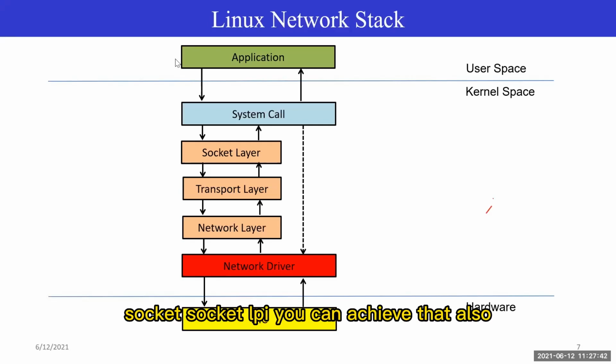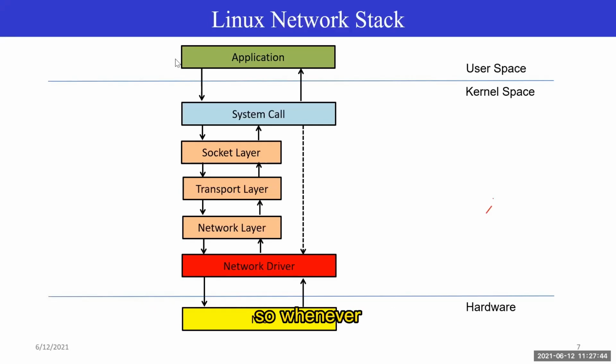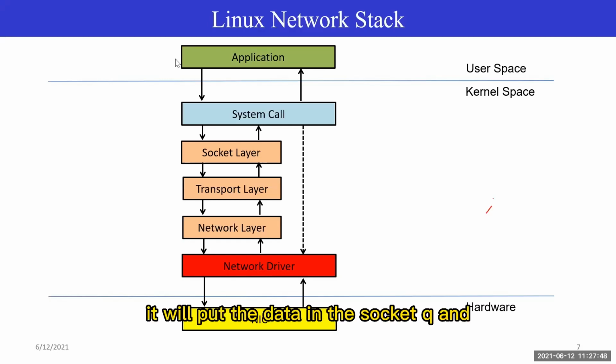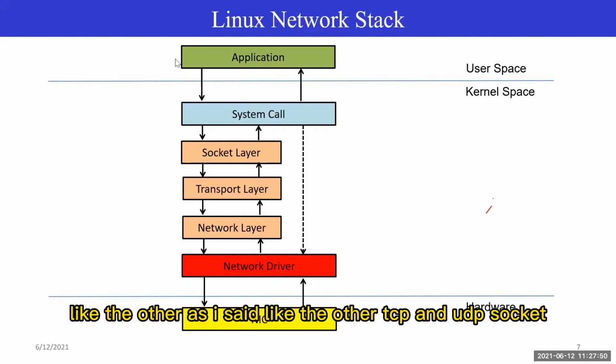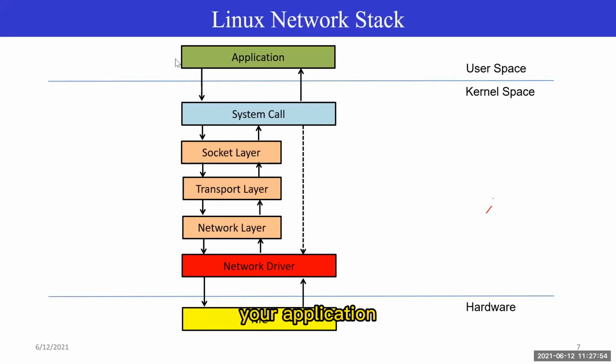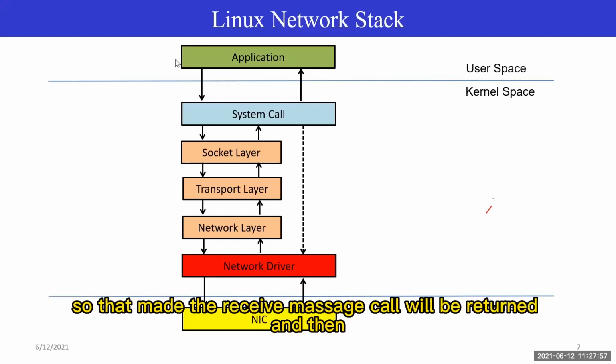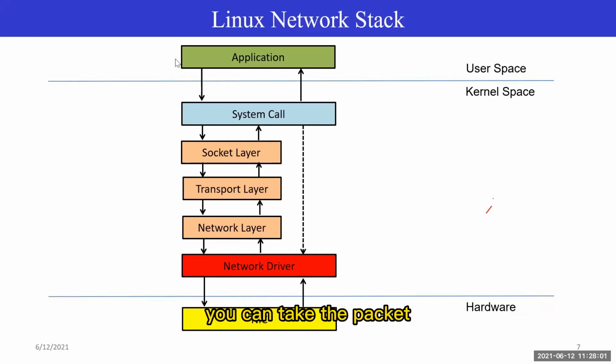Whenever the kernel has the data, it will put the data in the socket queue, and like the other TCP and UDP sockets, your application will be notified. That means the receive message call will return, and then you can take the packet and do whatever you want.